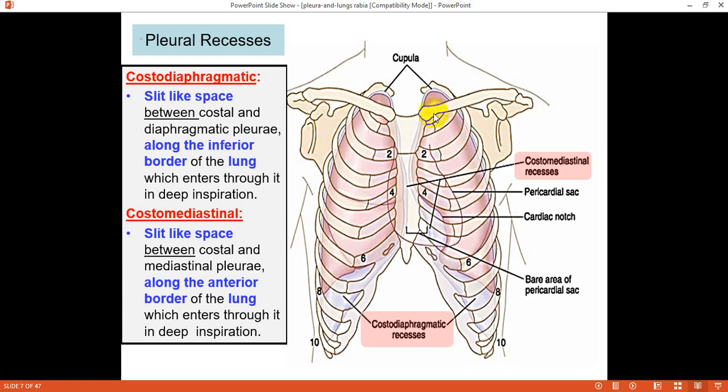these layers are close together, except in some areas where here you can observe that when the parietal pleura, the costal part anteriorly is reflected on the mediastinal surface, the distance between the visceral and parietal pleura is slightly increased, but still it is a thin slit, and this part is called costomediastinal recess.